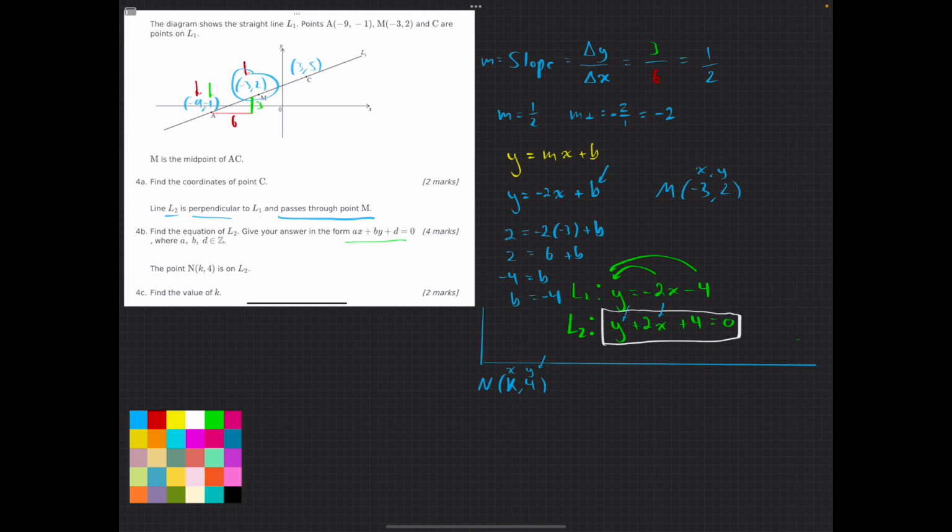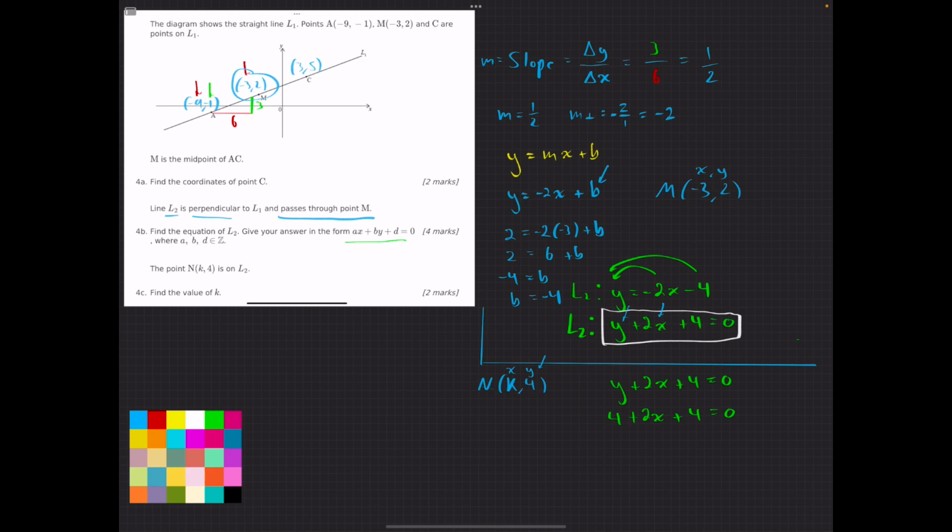So if we look at this, let's use the same color. Y plus 2x plus 4 is equal to 0. They give us a y value of 4, so let's go ahead and put that in.